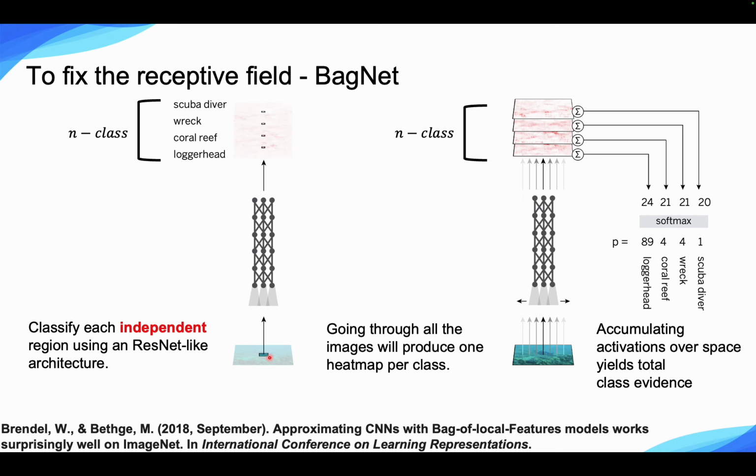They use this architecture to go through the whole image, and after going through all the independent image regions, it will produce one heat map per class. So if it is a classification task, it can accumulate activation over the space to yield the total class evidence.